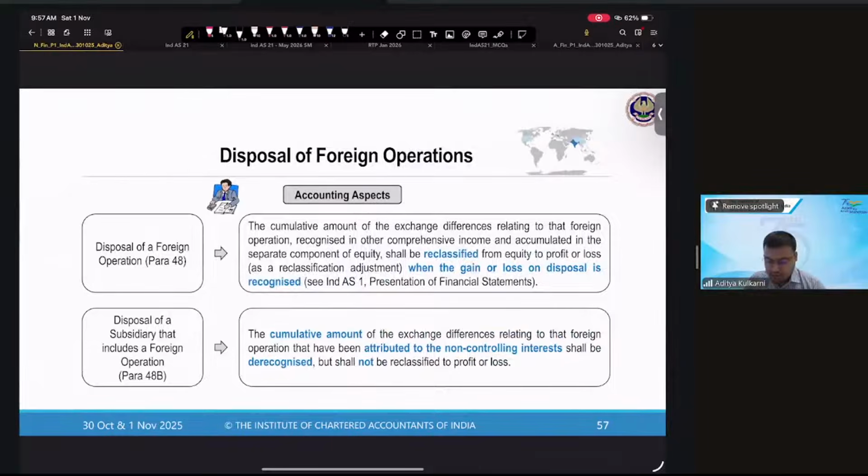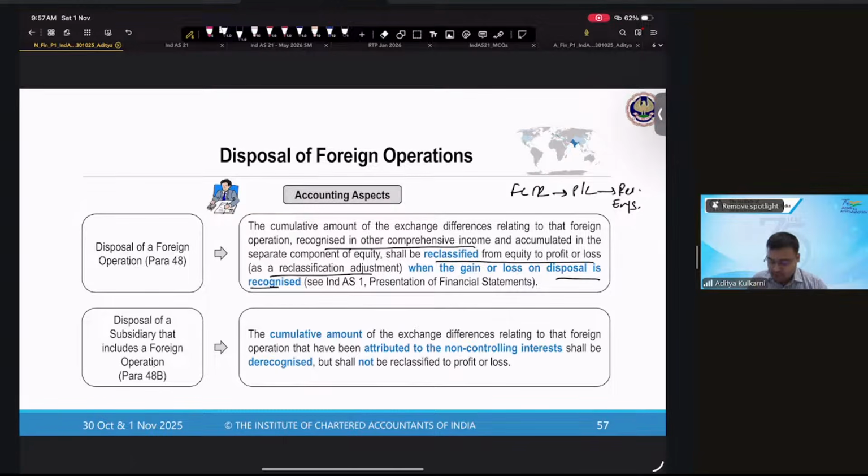When I dispose of an entire foreign operation, the cumulative amount of exchange differences which was in other comprehensive income, that is the foreign currency translation reserve, whatever FCTR is there related to that foreign operation, shall be reclassified from equity to P&L as a reclassification adjustment when the gain or loss is recognized. So basically, FCTR moves to P&L, moves to retained earnings, because now the unrealized profit is getting realized.